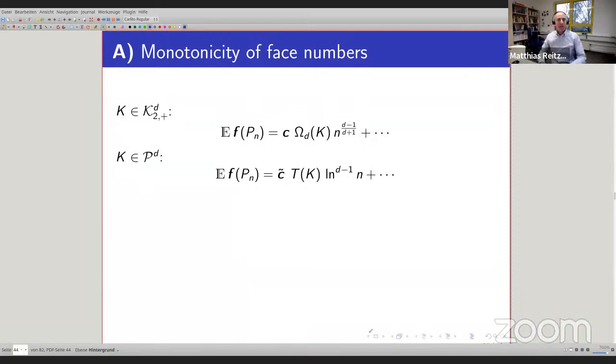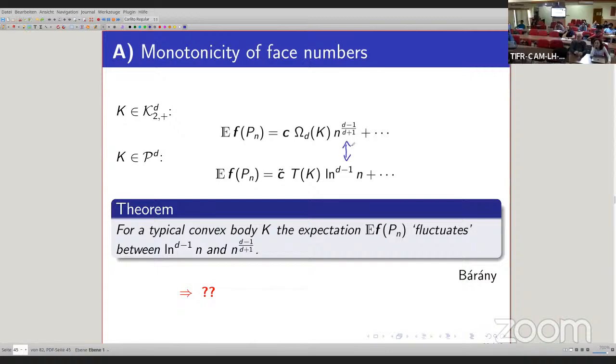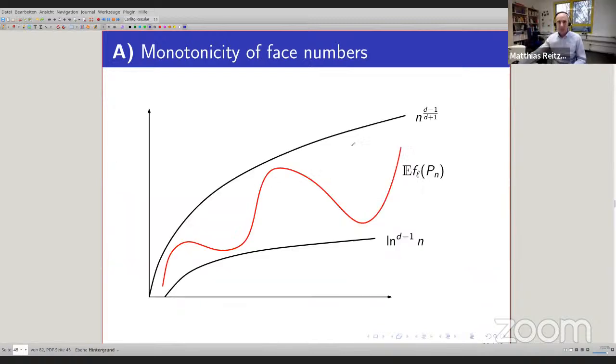If you have a look at smooth convex sets, then the expected number of vertices is a power of n, and for polytopes, it is a logarithm of n. And there's a result due to Imre Barany that for typical convex bodies, the expectation fluctuates between the polytopal and the smooth case as n is increasing. So the picture is something like this.